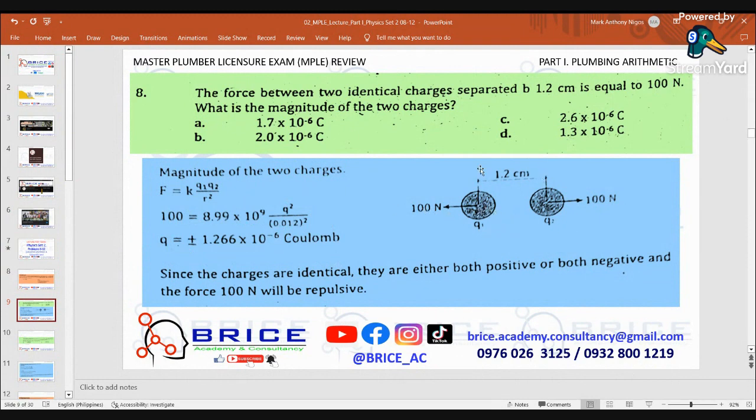This is the illustration: 1.2 is their separation, so 1.2, Q1, Q2. Since the charges are identical, they are either both positive or both negative, and the force will be repulsive. So the answer is what? D, 1.3 times 10 to the negative 6.